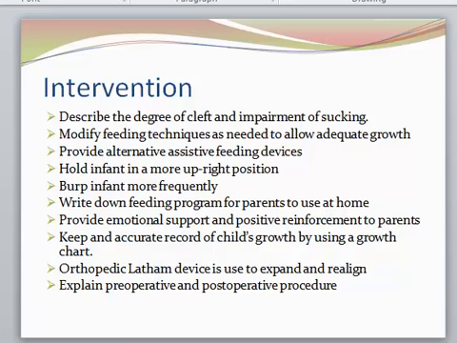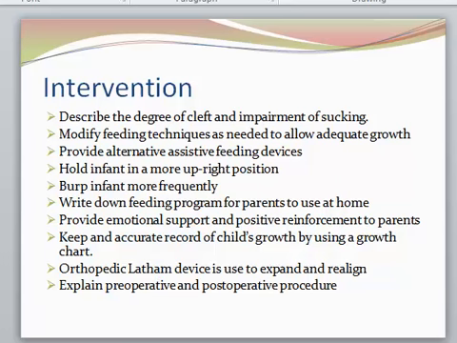We provide alternative assistive feeding devices, hold the infant in a more upright position, burp that infant more frequently, and write down a feeding program for the parents to use at home, and we'll go over that in a few minutes. Provide emotional support and positive reinforcement to the parents. Keep and record the child's growth.